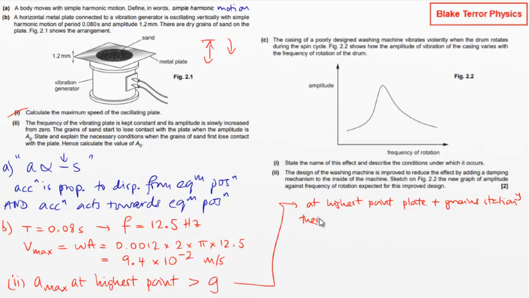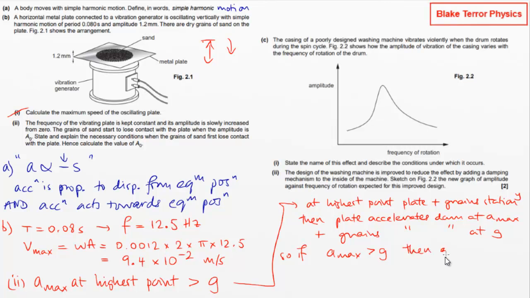Then the plate accelerates down at a max, and the grains accelerate down at g. So if a max is greater than g, then grains off plate.